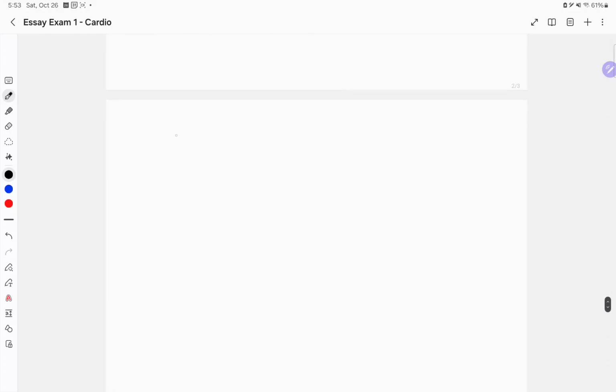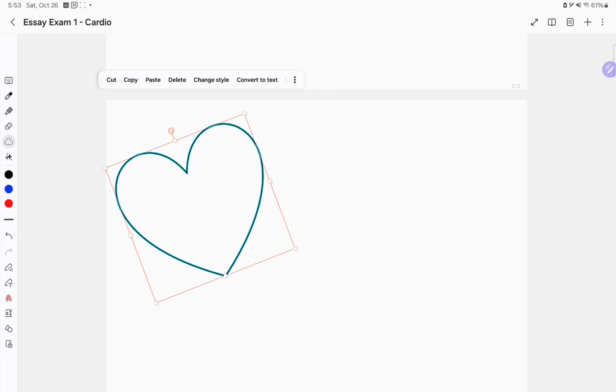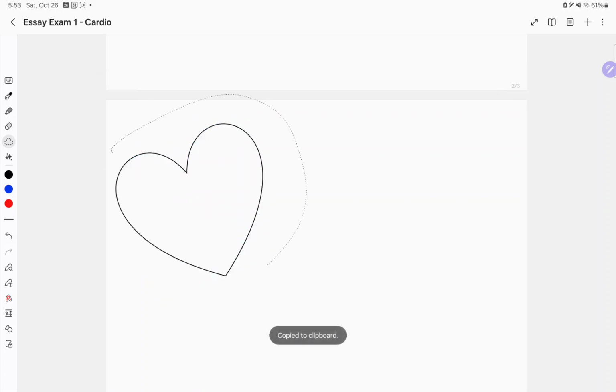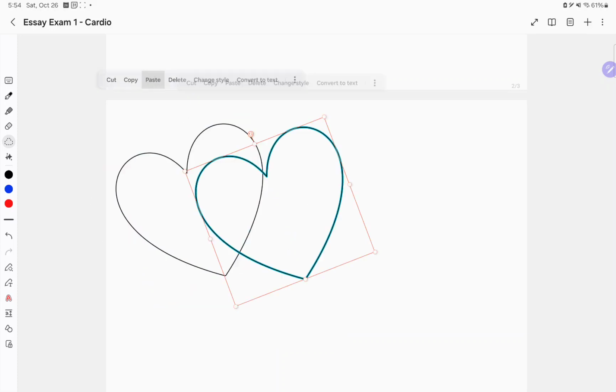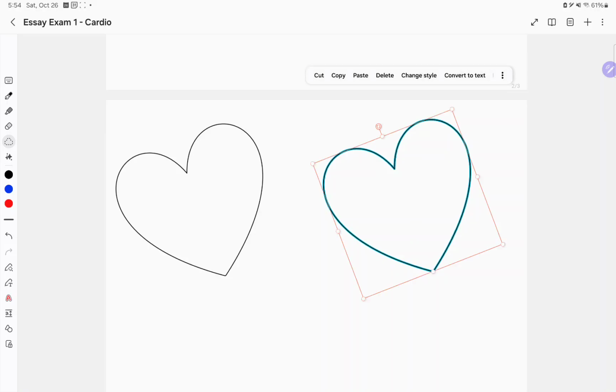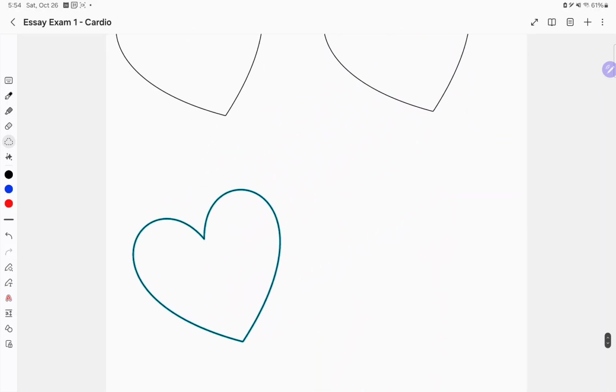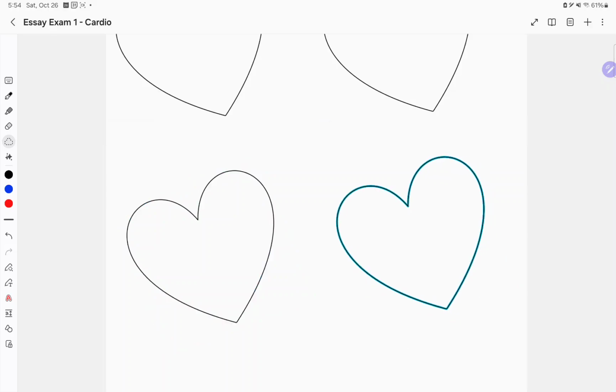Better draw this nice and good. That's not very good. You know what? I'm just going to make it easy on myself. There we go. And let's take this, rotate it like this a little bit. Do that. Copy it. Oh, snap. I didn't mean to do that. Paste. Paste. Paste.